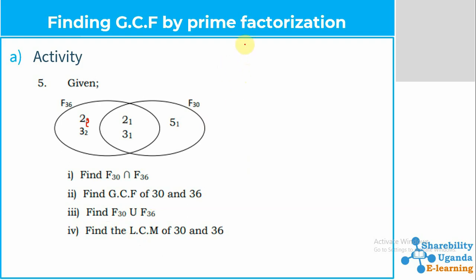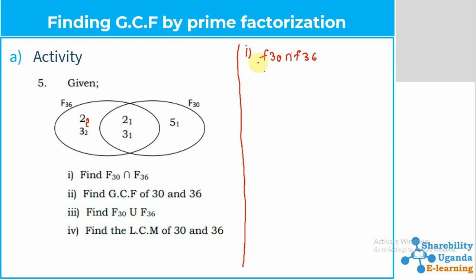Let's start from here. Roman numeral 1: they want us to find the prime factors of 30 intersection the prime factors of 36. Then we should also be able to find our GCF.